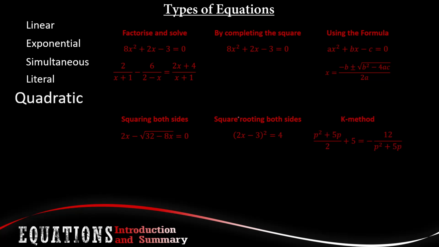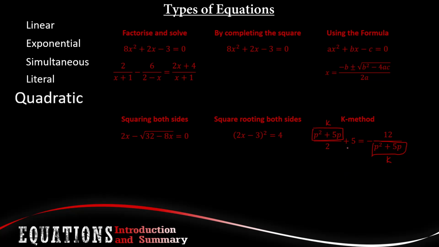Okay, and then finally there's the k method. The k method is a way to simplify things. We can see this is quite a complicated sum, and what we can also see is that all the variables form a similar pattern. Basically we've got p squared plus 5p and p squared plus 5p. So we can take that and just replace it with k.